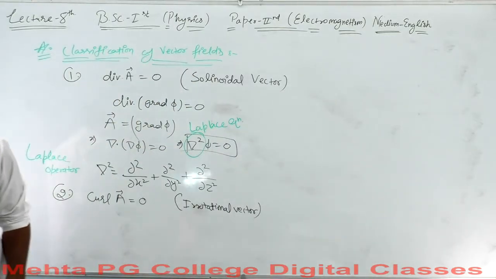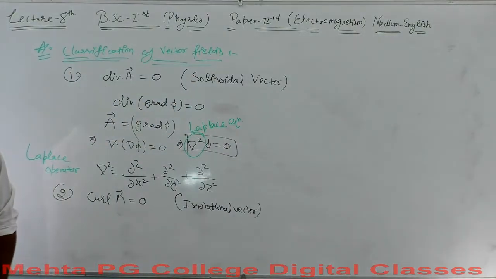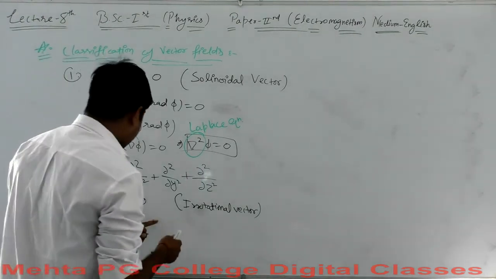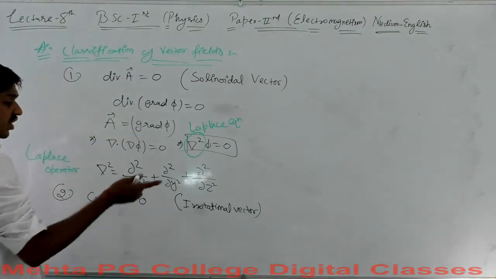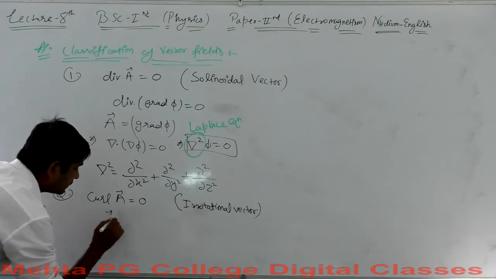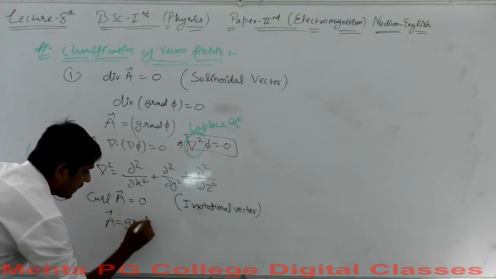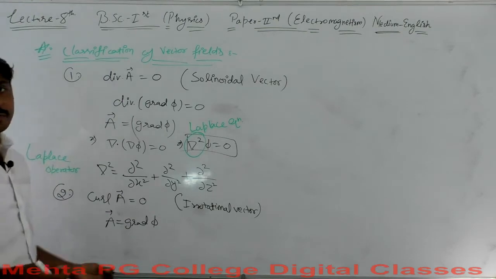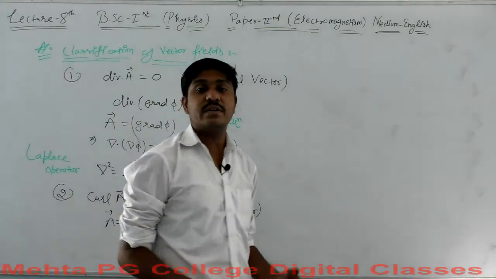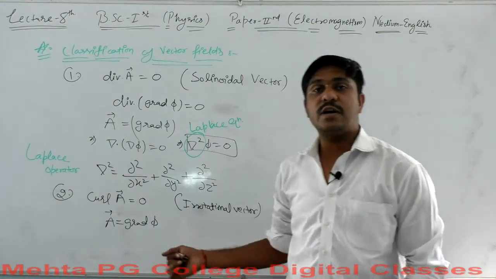So how do we come up with this kind of result? When will the curl be equal to 0? What if a vector A is equal to the gradient of phi? That could be a case, because if you remember the vector identities, then it is far easier for you.